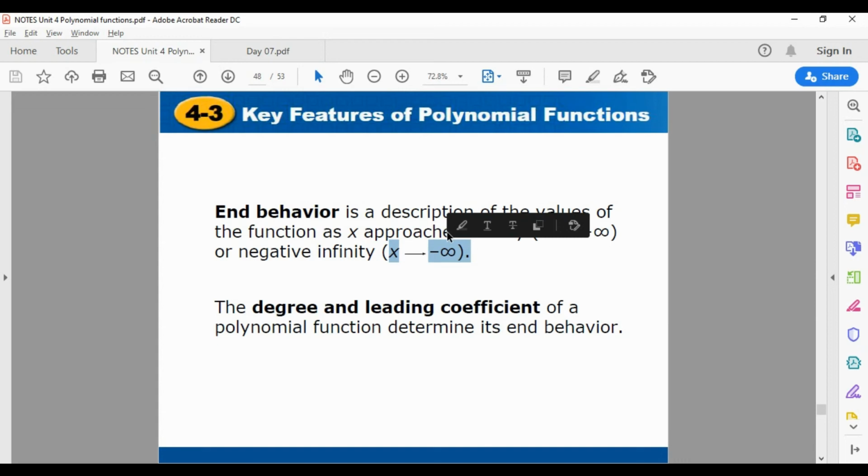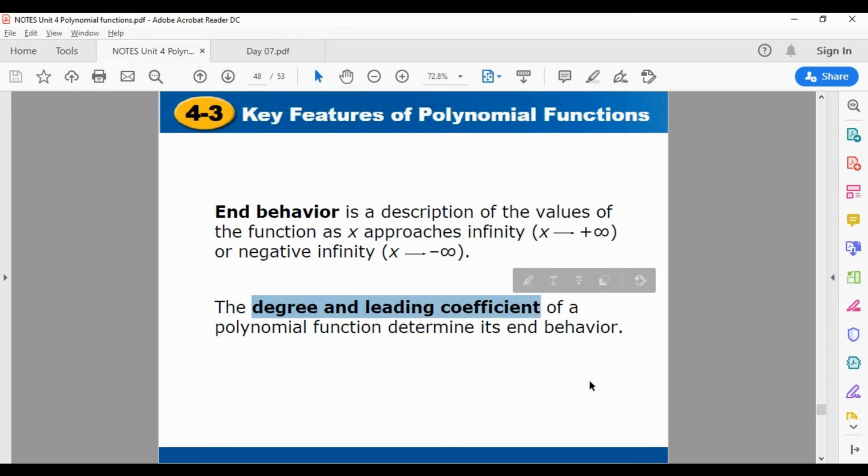Even though there are technically an infinite number of polynomials that we can have, every single polynomial, no matter how complex looking, is going to fall into essentially 4 categories, determined by the degree and the leading coefficient of the polynomial function.